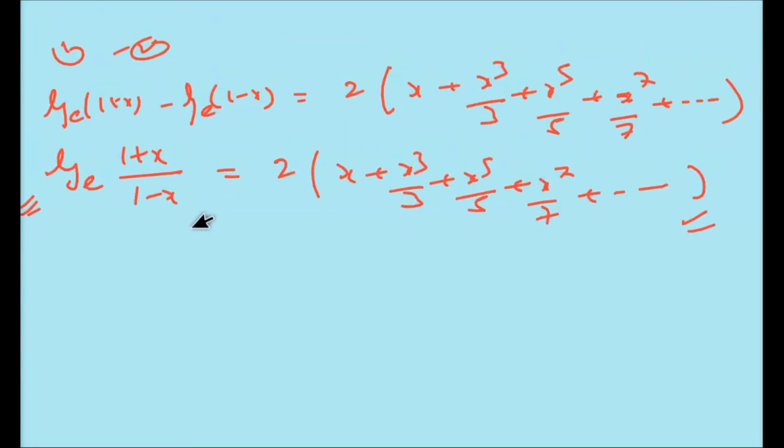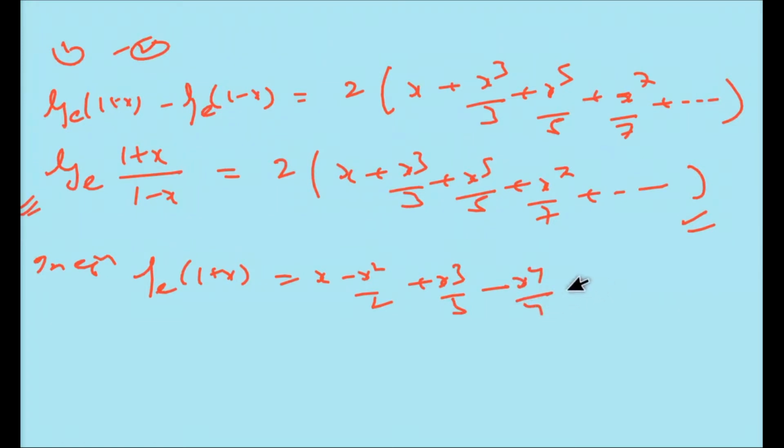Now you can see in the equation log e base (1 plus x) equals x minus x square by 2 plus x cube by 3 minus x to the 4 upon 4.